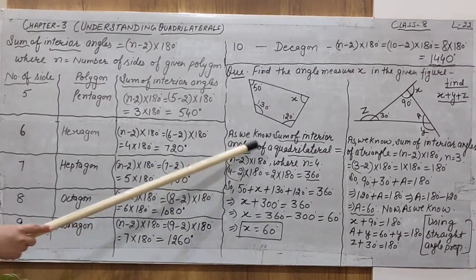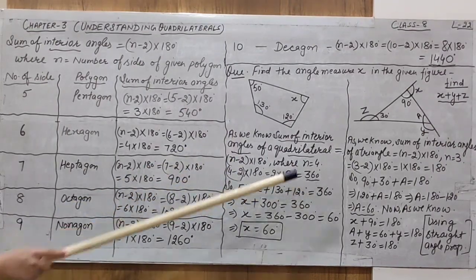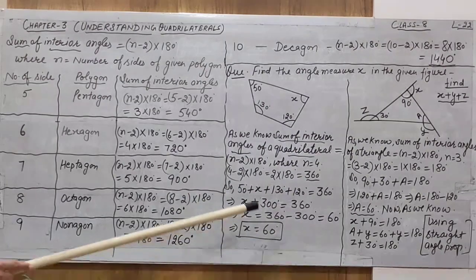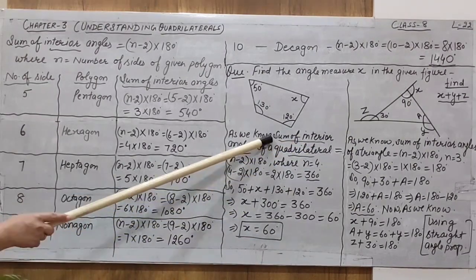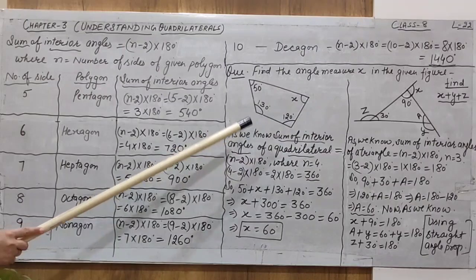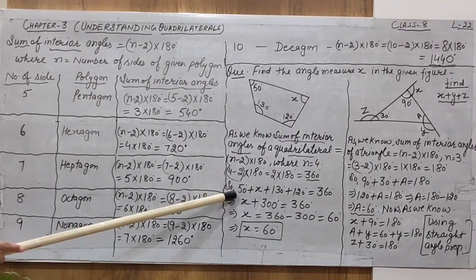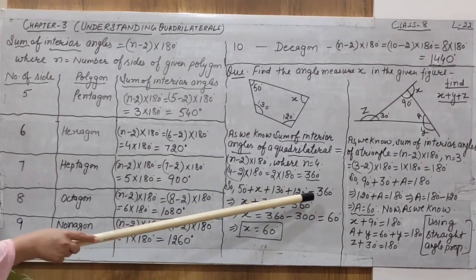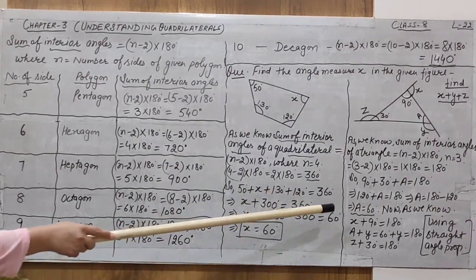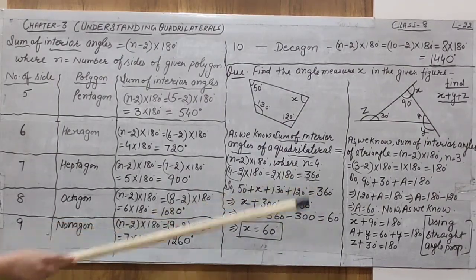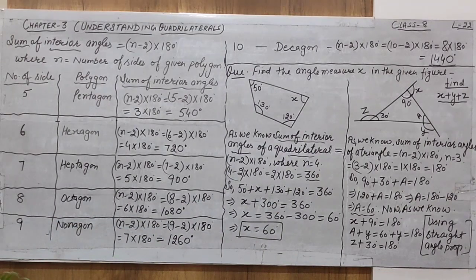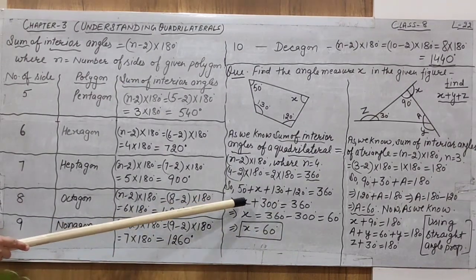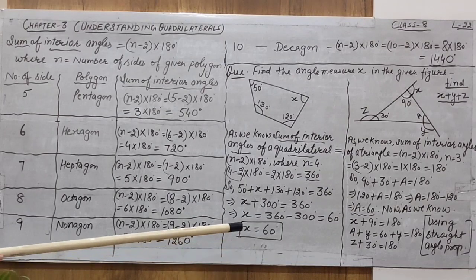So first of all, using the formula, find the total sum. Then make an equation with the left hand side as the addition of all the angles, and the right hand side equal to the sum of interior angles. By making the equation, you can find the value of x.